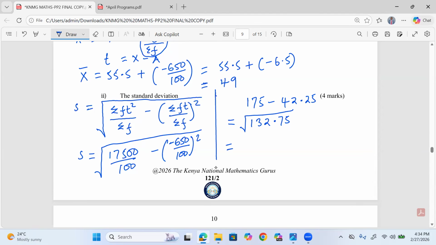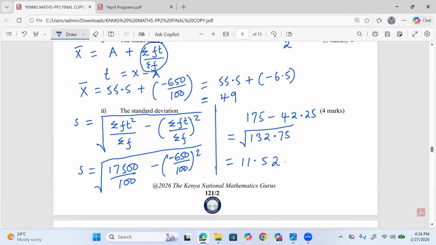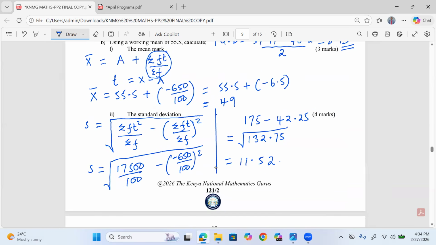So our standard deviation is exactly 11.52. Yeah, 11.52. That is not the exact value. I've rounded it off to 4 significant figures.